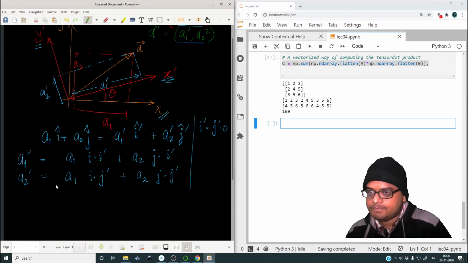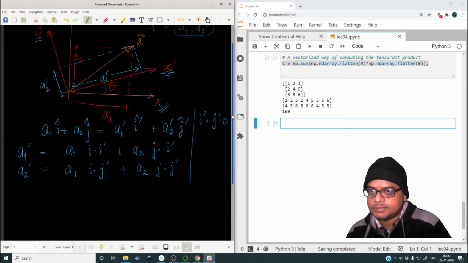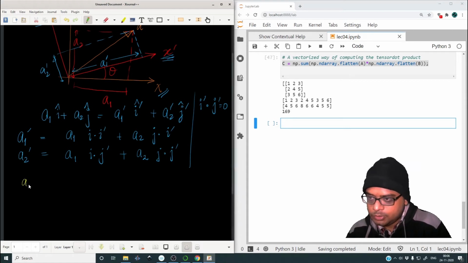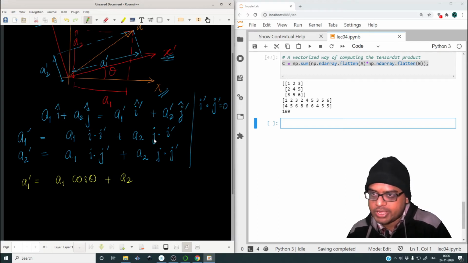So essentially the first expression boils down to a1 prime equal to a1 cos theta plus a2 times j dot i prime. So j is this direction and i prime is this direction. So the cos of this angle is basically sine theta.